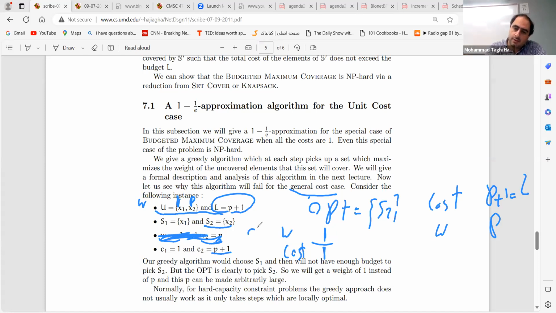This is for S1. What about for S2? For S2, the weight would be P here. What about the cost of it? The cost of S2 would be P plus 1.